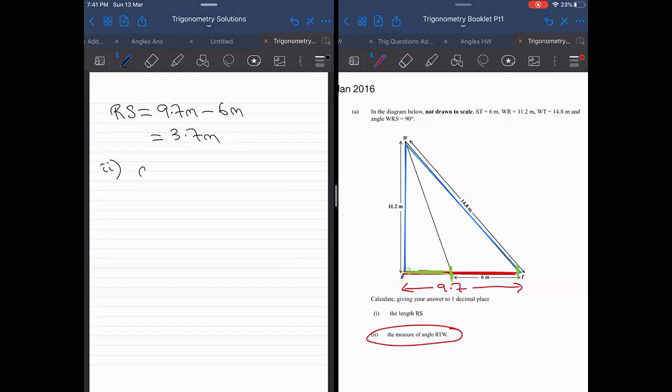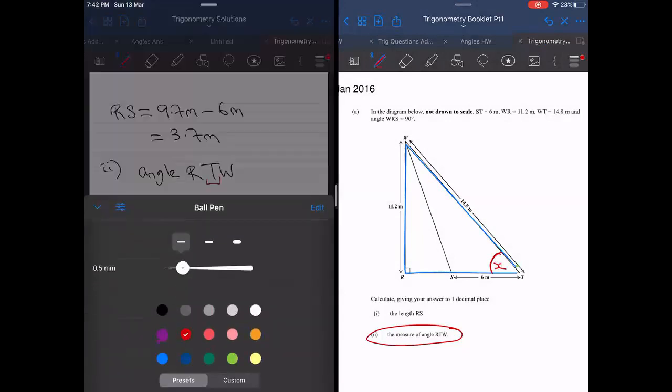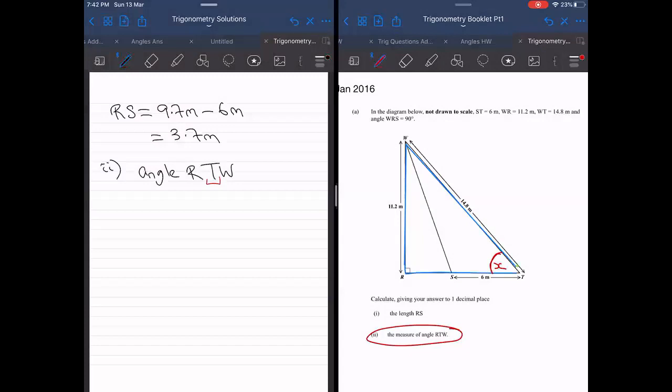Okay, so now this says angle RTW is asking you for the angle that is at T, the angle at T that is in between the R and the W. So if I could draw it over here, you know that this is 9.7.